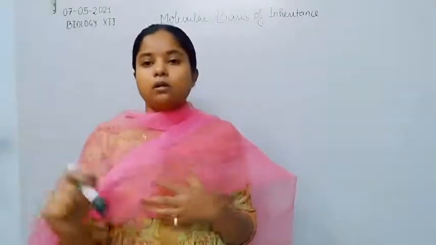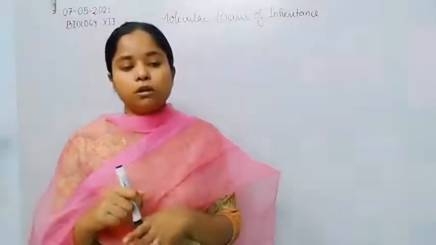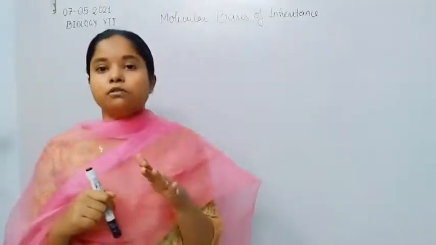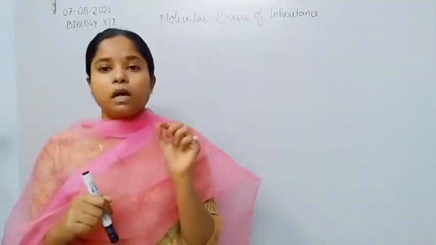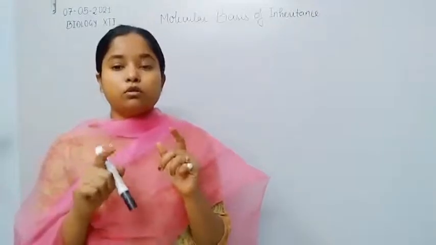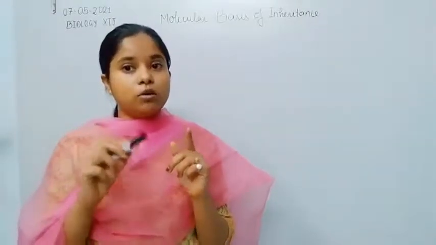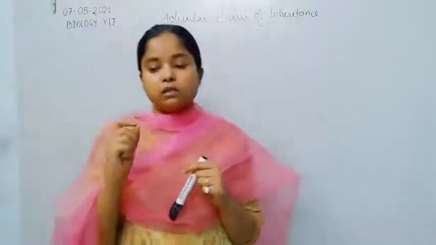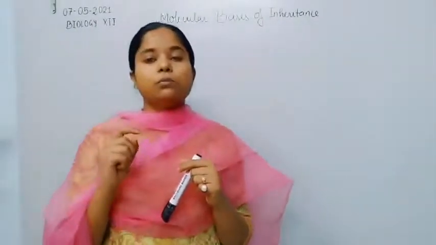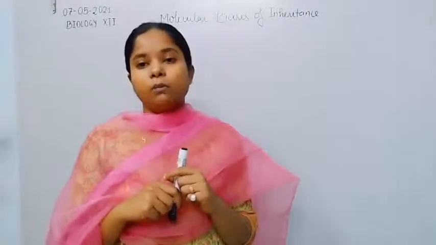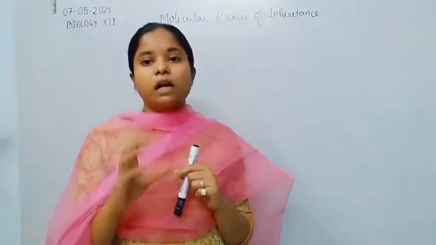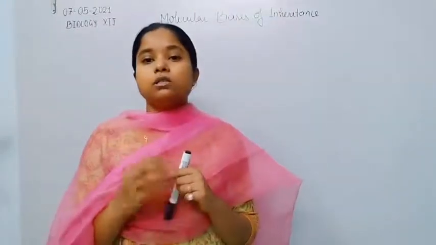The sugar is a pentose sugar. DNA stands for deoxyribonucleic acid, so the pentose sugar is simply deoxyribose. The meaning of this is that the 2' position of carbon lacks the hydroxyl group. That's why the ribose of the DNA molecule is deoxy.